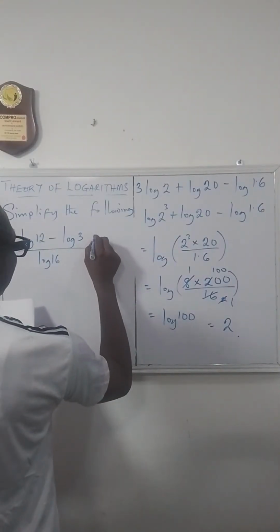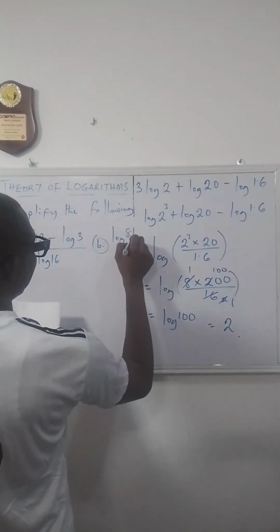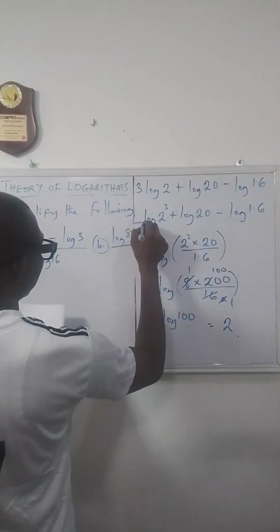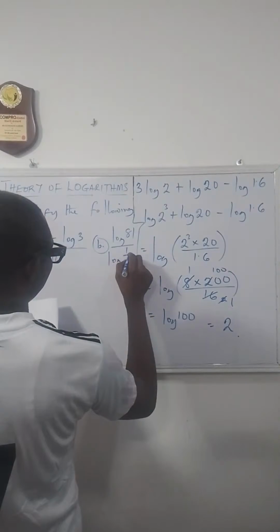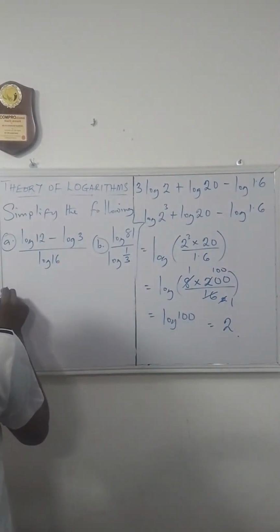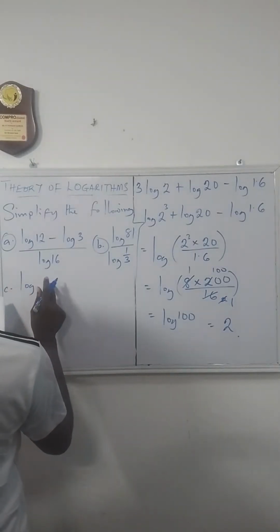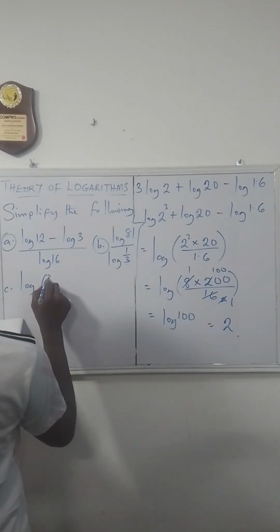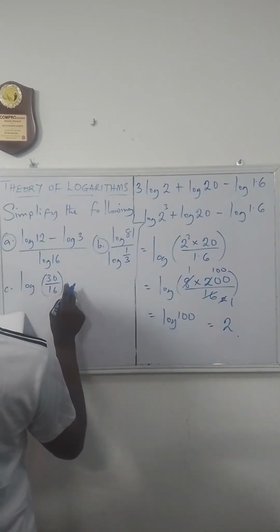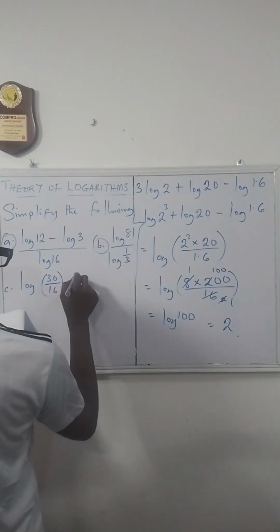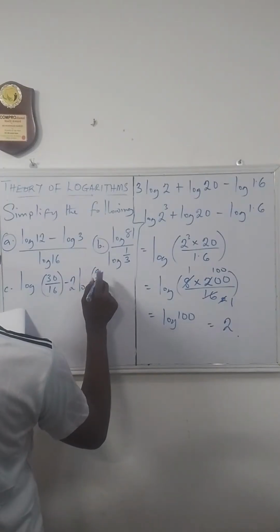B: log of 81 over log of 1 over 3. Now C: log of 30 over 16 minus 2 log of 5 over 9, plus log of 400 over 243.